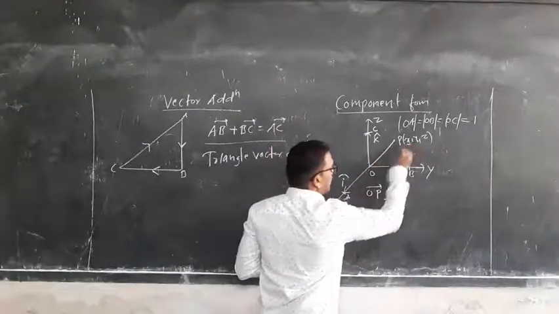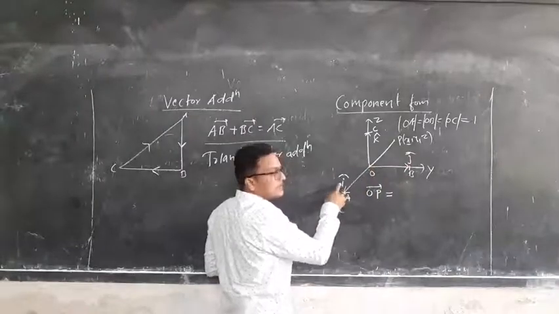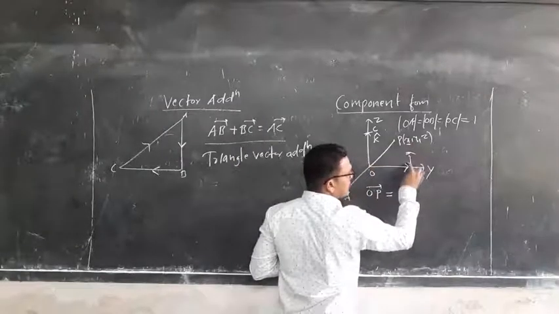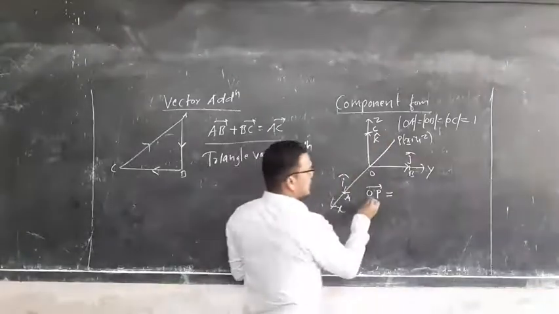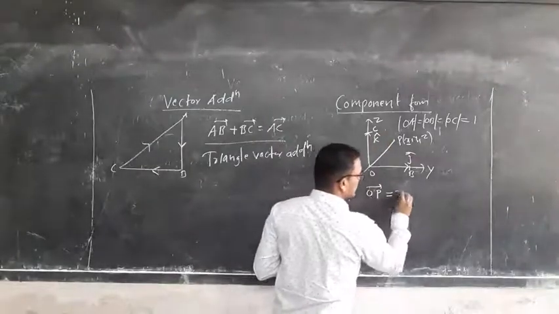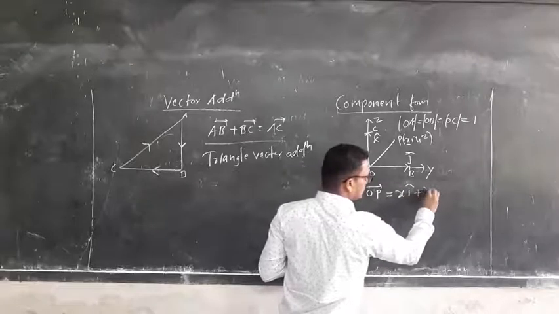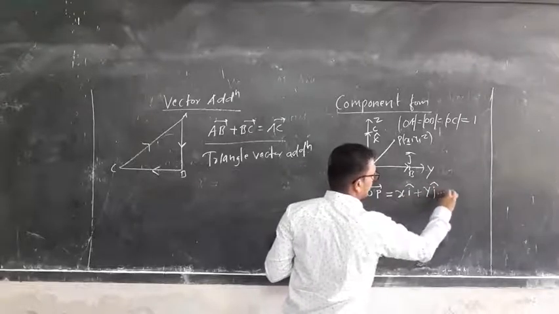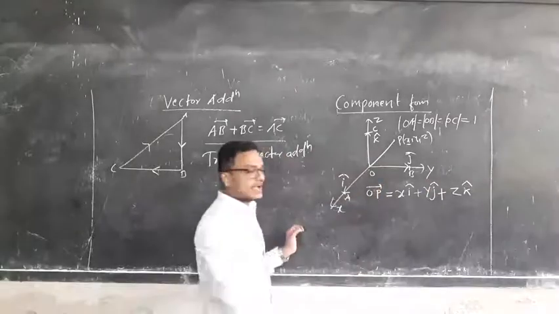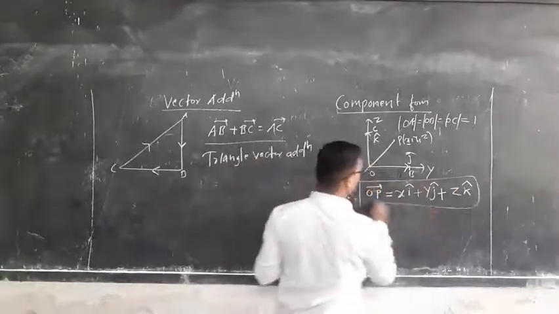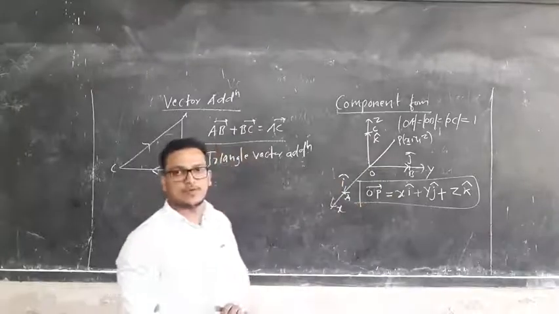Along the x-axis we have i cap, along the y-axis we have j cap, along the z-axis we have k cap. Therefore the component form can be written as x into i cap plus y into j cap plus z into k cap, and this is called the component form of a vector.